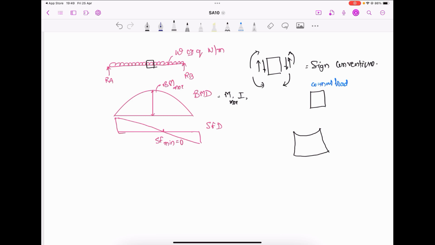It bends like this. This theory I have already explained in my previous videos. Please see those videos to get a better understanding of this bending moment.